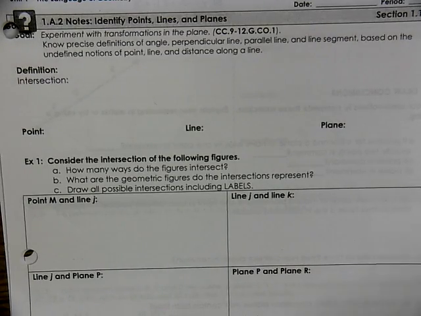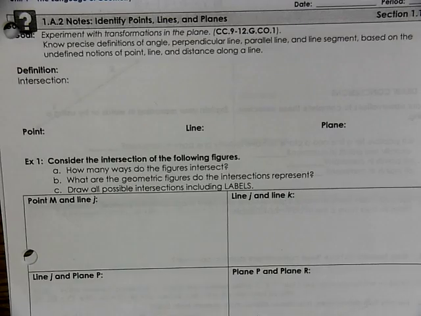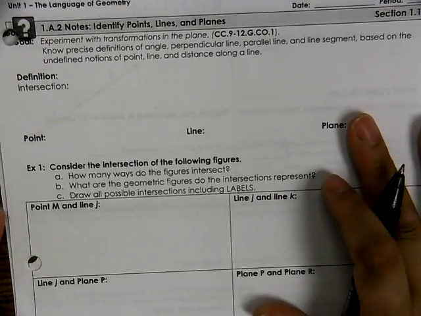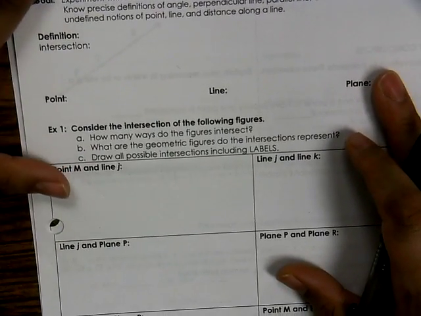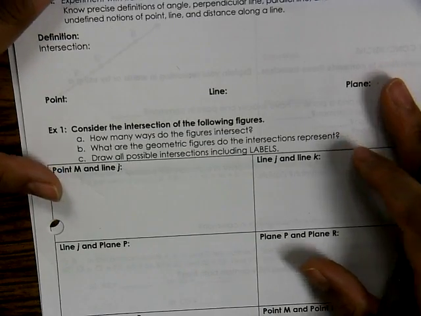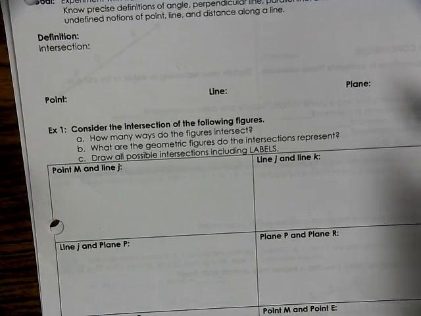So first of all, before we get to the actual examples, here's a quick definition of an intersection. We did intersections in Algebra 1 with just lines mostly. You did two lines, and you would say, do they infinitely cross? Are there infinitely many solutions? Are there no solutions, or do they cross once? That's similar to how we do it in geometry, but we'll now look at planes, which makes it a little more challenging.